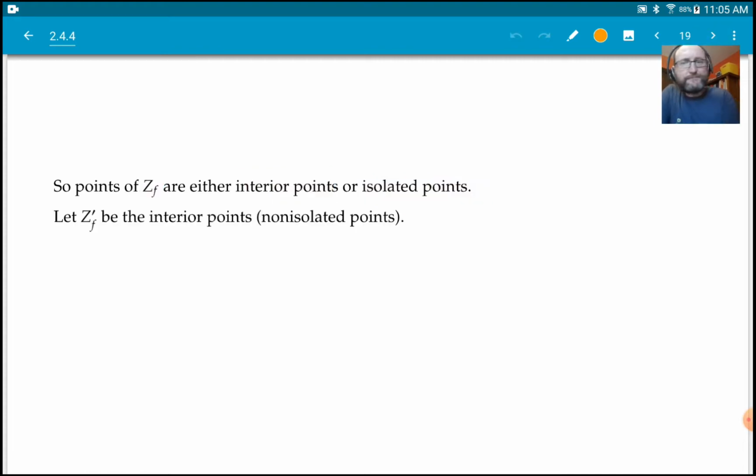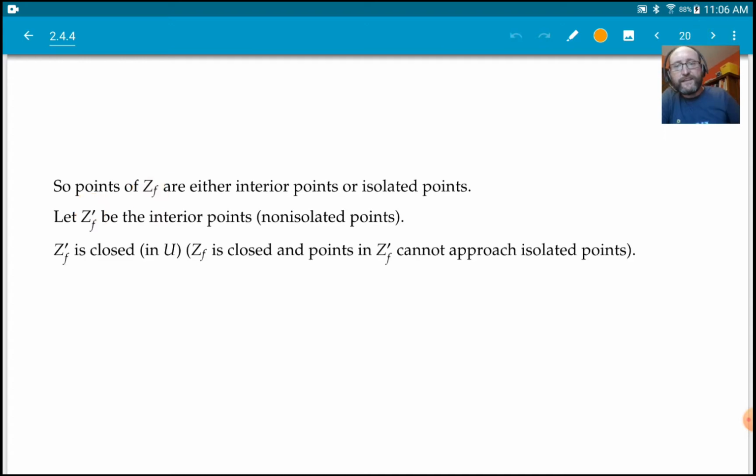So let Z prime sub f, I have to make up some notation for this, be just the interior points, the points that are in the interior of this set. So the non-isolated points. Now, this is a closed set in U, in the subspace topology. Why?